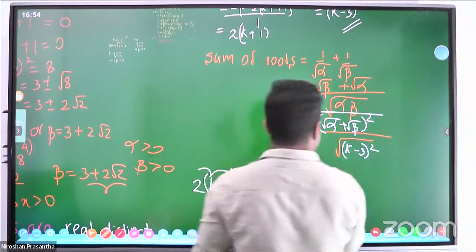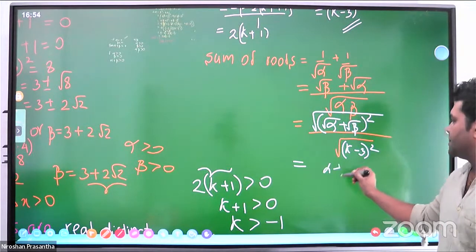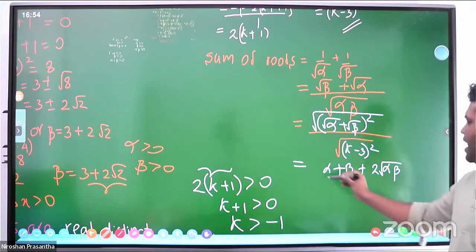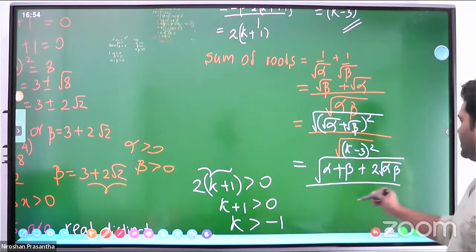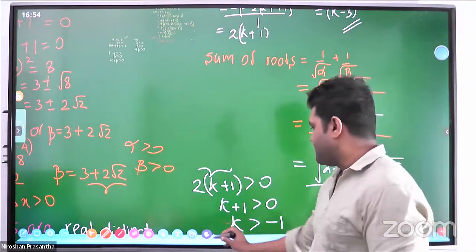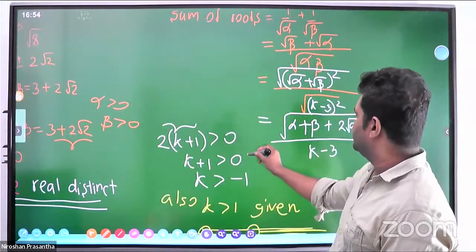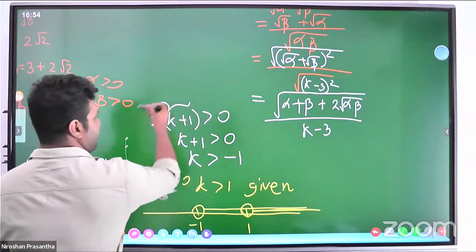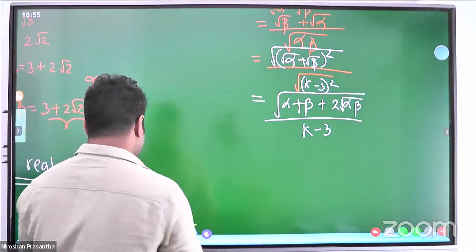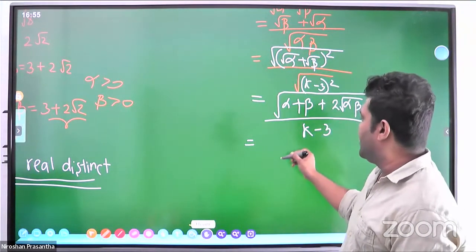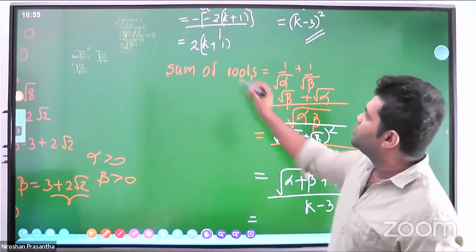Now what's happening? It's alpha plus beta, 2 times the square root of alpha beta, over the square root of k minus 3, and you know the square root gets cancelled. The sum of the two roots we have got is 2 times k plus 1.